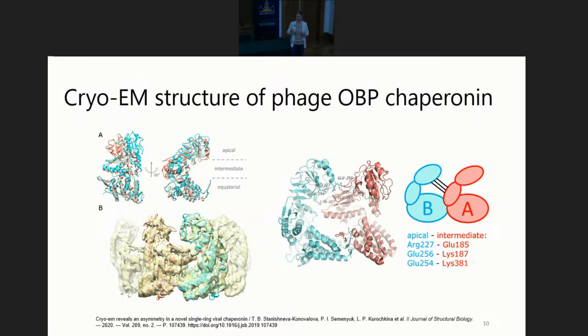But I had this idea that we need to publish it as soon as possible, so we published it eventually, and the same year, the paper about another viral superonion was published, and they observed the very similar pattern of alternating subunits, exactly as we observed, but since we did it first, they had to fairly state that this pattern was first described for the OBP chaperonins and cite our article, which I think was nice.